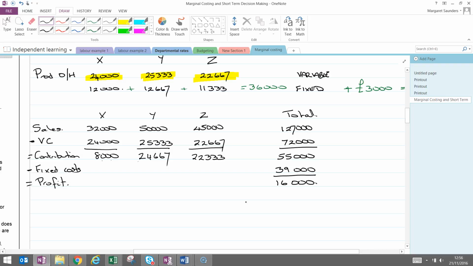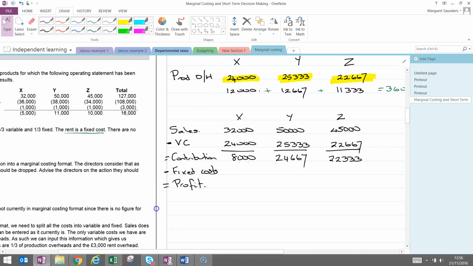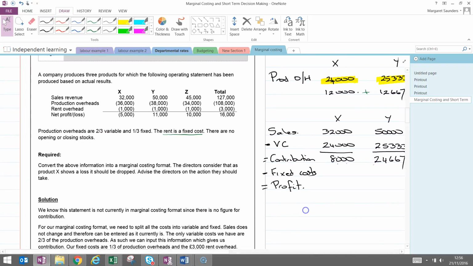Now the second thing we were asked to do is to advise the directors on the action that they should take with regard to product X. On the original statement, product X was showing a loss of £5,000, and therefore the directors were arguing that it should be dropped.